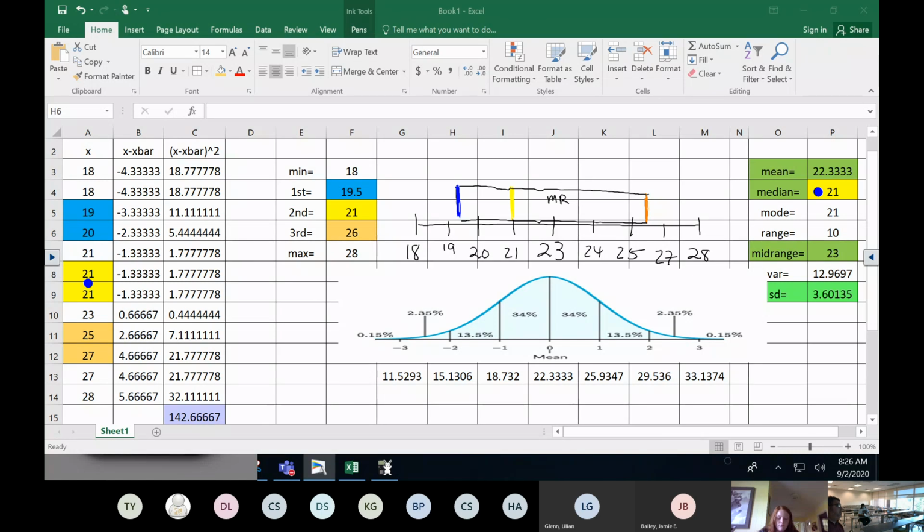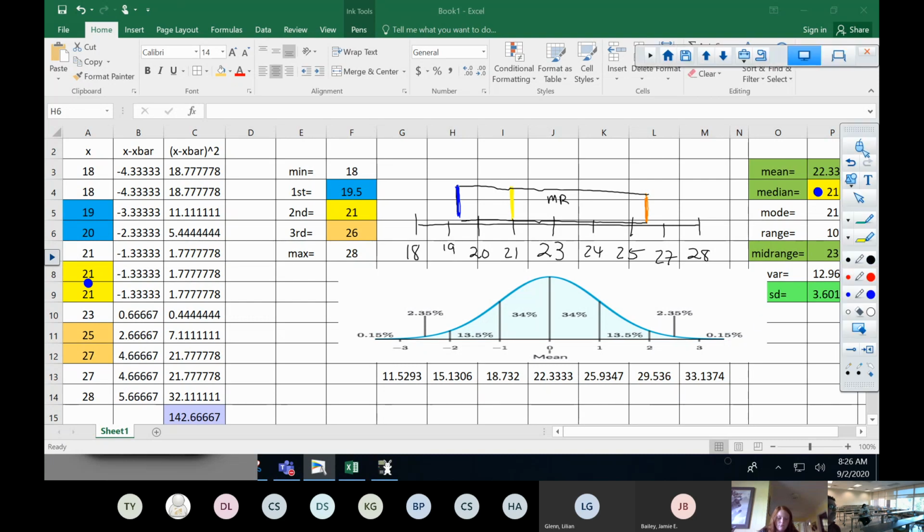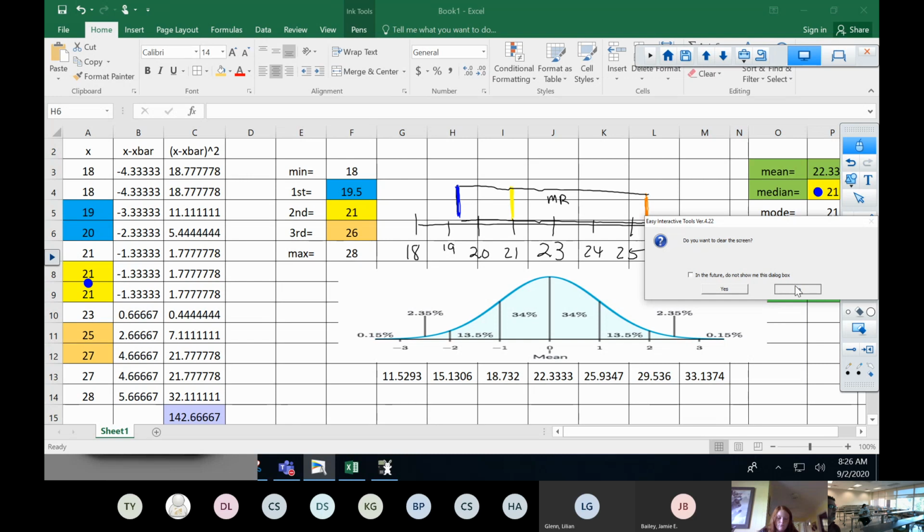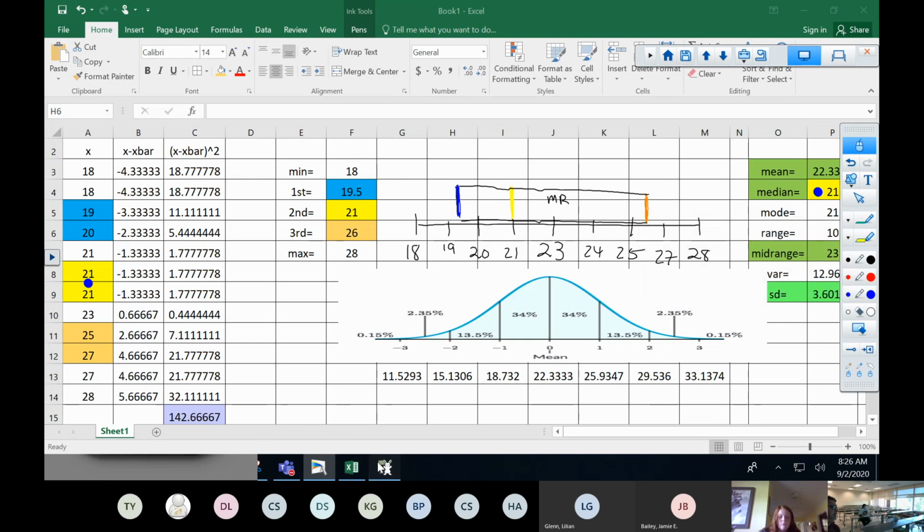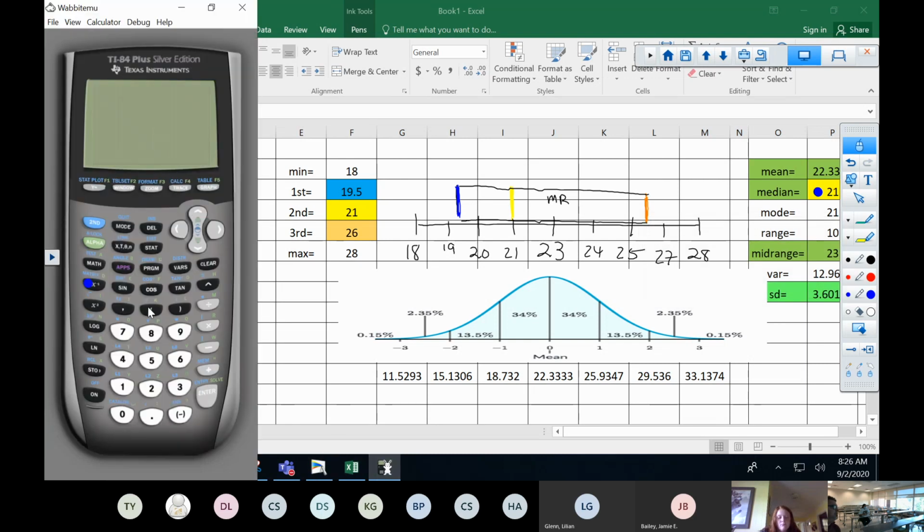Okay, now let's do it on the calculator. The first thing you want to do on your calculator, if you've got a TI-83 or above, you need to go to catalog. Where's catalog? That's 0. So hit second catalog, or turn it on first.